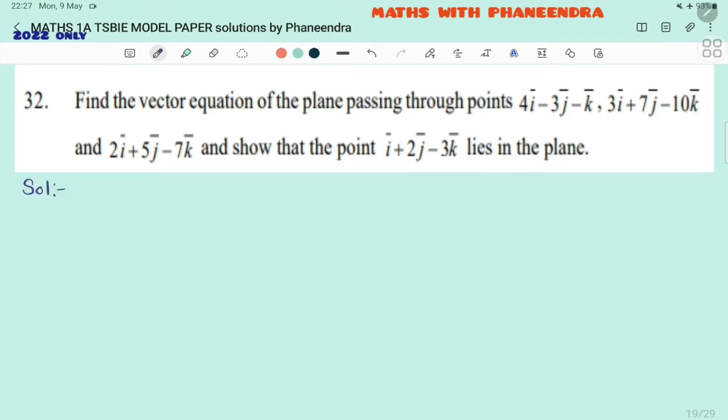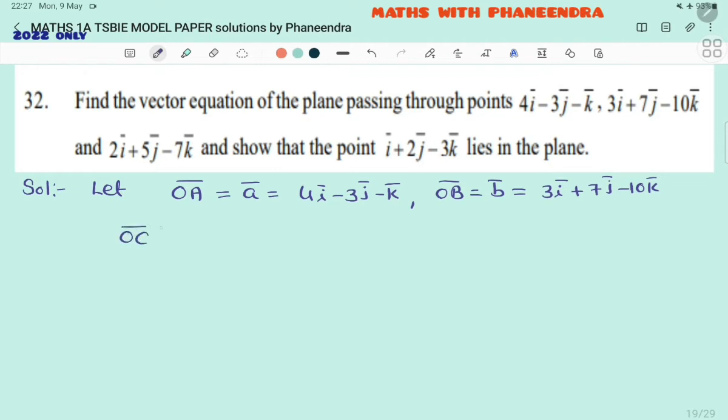First, the given vectors we can write. Let the vectors be OA bar, that is equal to small a bar, the first vector: 4i minus 3j minus k. OB equal to small b bar, which is equal to 3i plus 7j minus 10k.